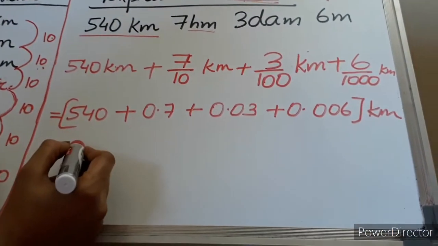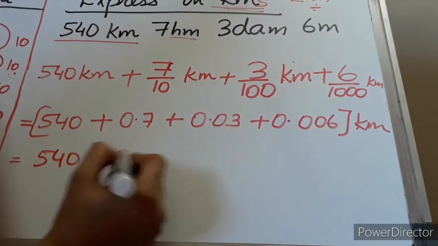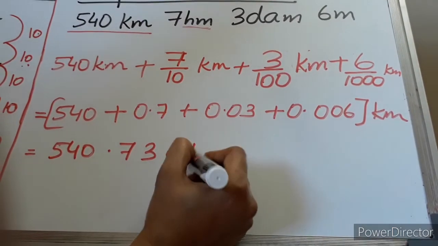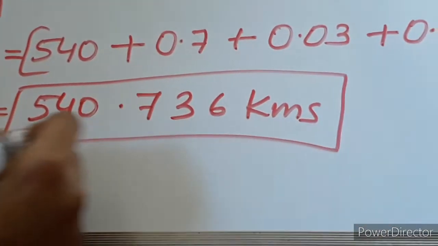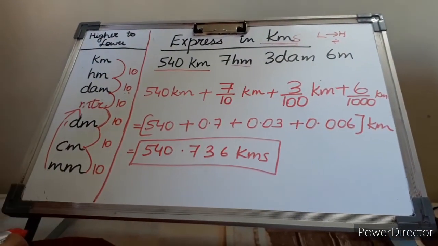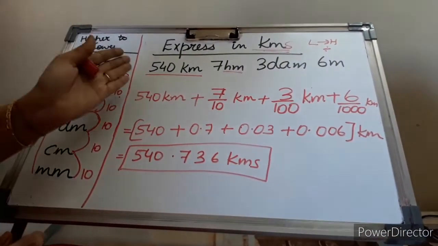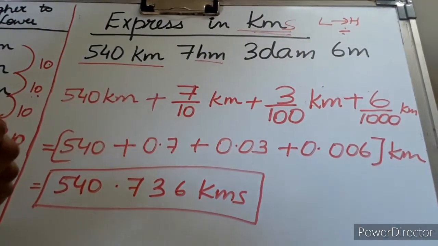Then the final answer is 540.736 kilometers. Very easy. We have to just follow this chart, this value of 10, and the very important thing is higher to lower we have to multiply, from lower to higher we have to divide.